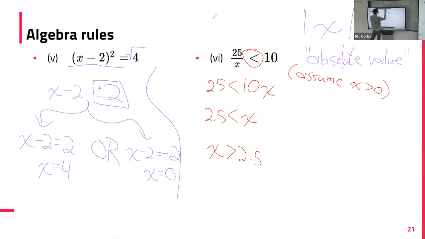So if this were, say, negative 10, and we divide by negative 10 on both sides, then the sign needs to flip directions to still keep the relationship true. So those are the only two real special things with less than or greater than signs. Otherwise, they work the same as an equal sign.